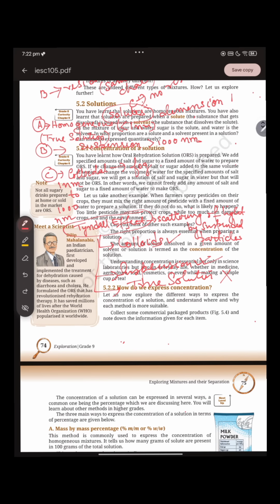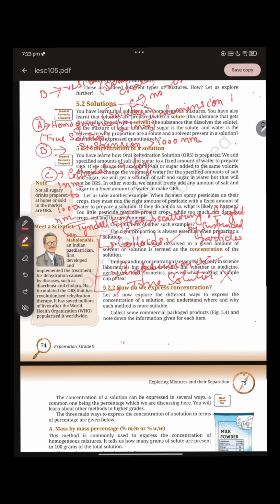So next, moving to concentration of solution. What do you mean by the term concentration? Concentration actually means how much of the solute is present in a solution.